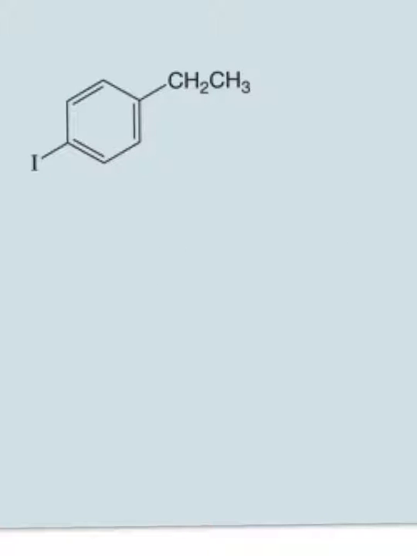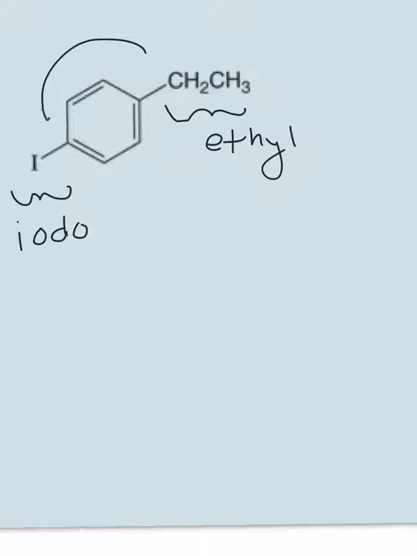So this benzene ring contains two groups on it. There's an ethyl group and there's an iodo group, I-O-D-O. So I'm going to name them in alphabetical order. I also notice that they're directly across from each other, so we say that they're in the para position relative to each other. So I can call this para, or just P, and then ethyliodo.